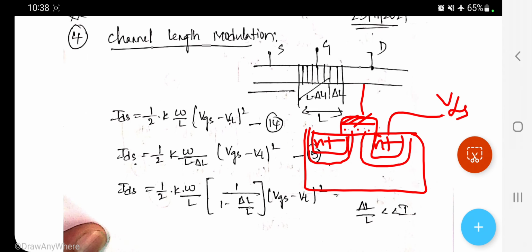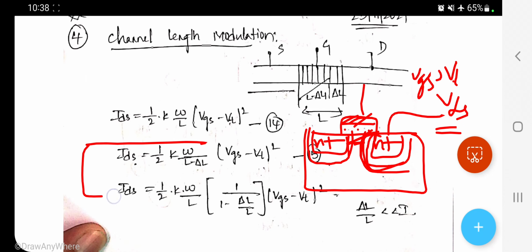Whenever we go on increasing VDS, this depletion region is going to increase, and the channel is formed earlier because VGS is greater than VTH. Because of the increase of this depletion region, which is due to the increase of VDS, the channel length is going to decrease.